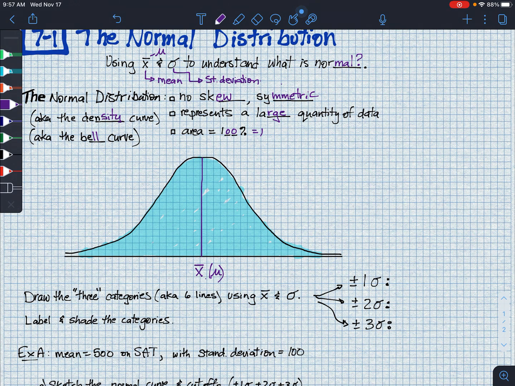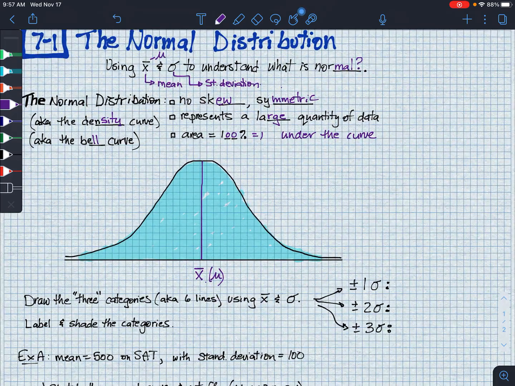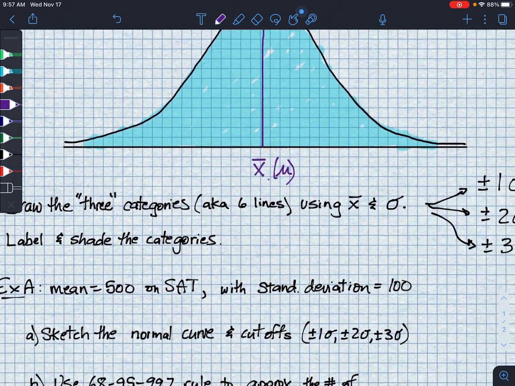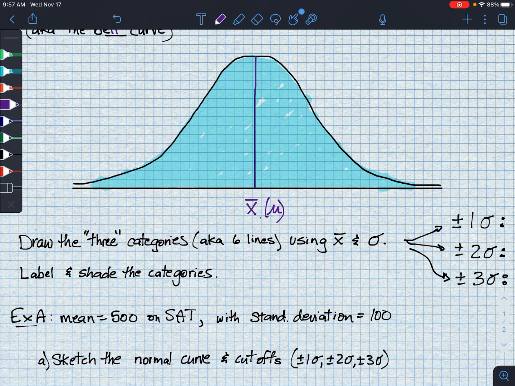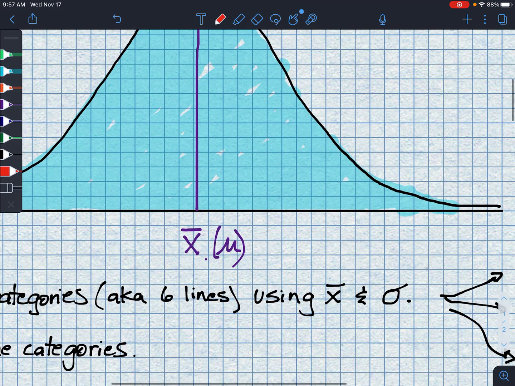So that's the area under the curve. Now, we need to break that area up. First of all, cut it in half like I did with the mean. Then we're going to draw some other lines to break it into different categories. These lines will be separated by equal amounts.